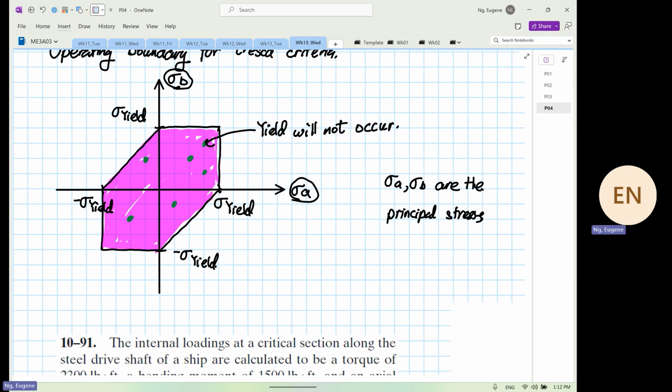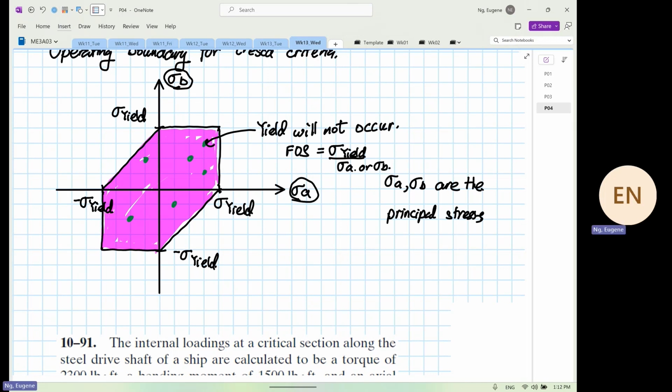When yielding will not occur, you can calculate your factor of safety, which is equal to stress yield divided by stress A or your stress what?